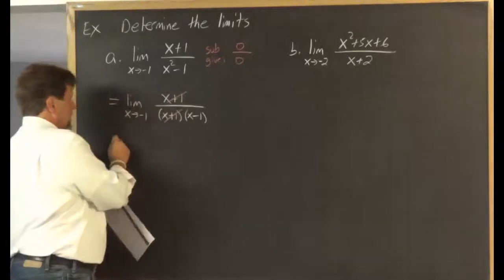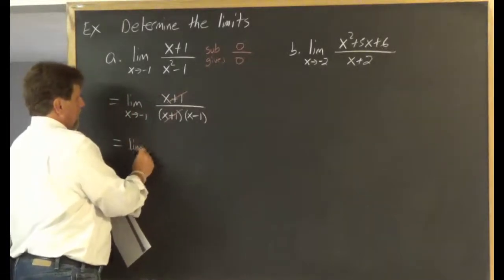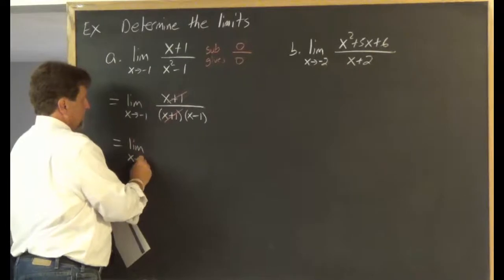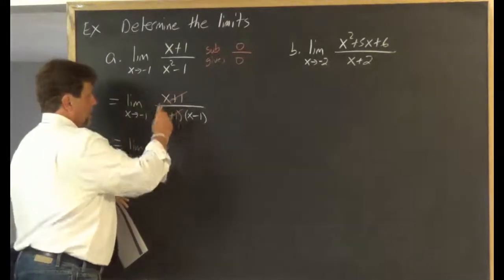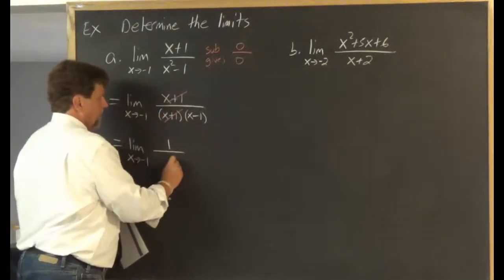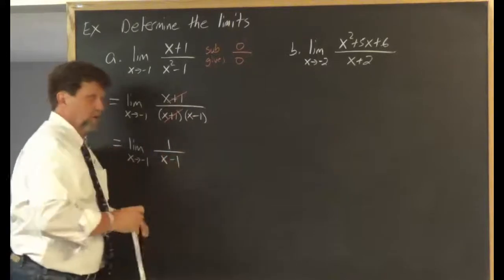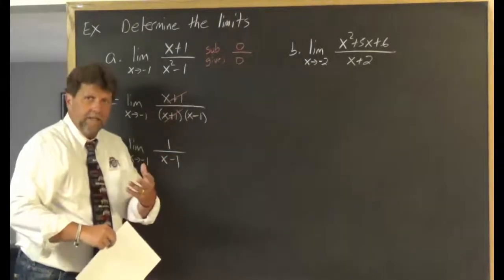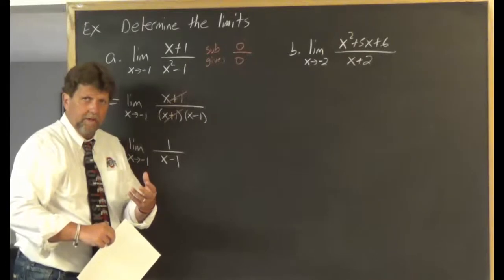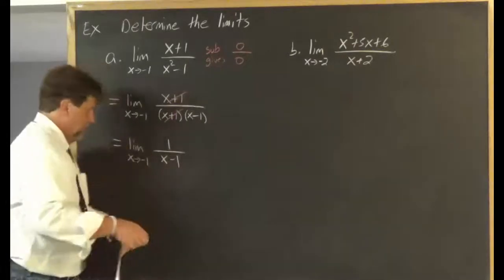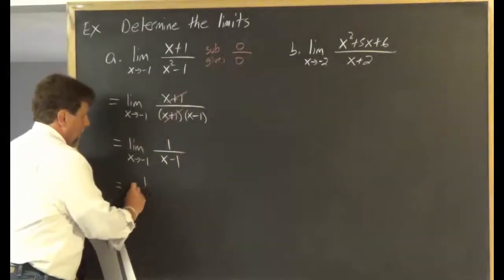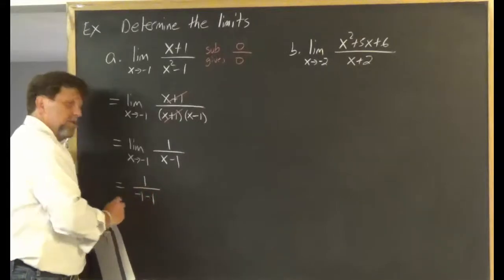So that leaves us with the limit as x approaches -1. Well, we'd still be left with a 1 in the numerator over x minus 1. Now try substitution and see if it works. So now we try substitution, and we get 1 over -1 minus 1.